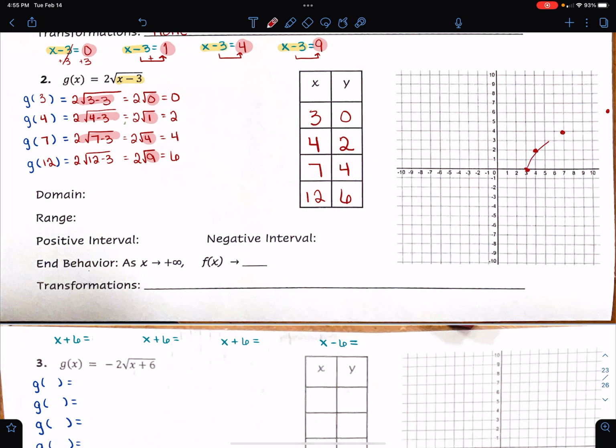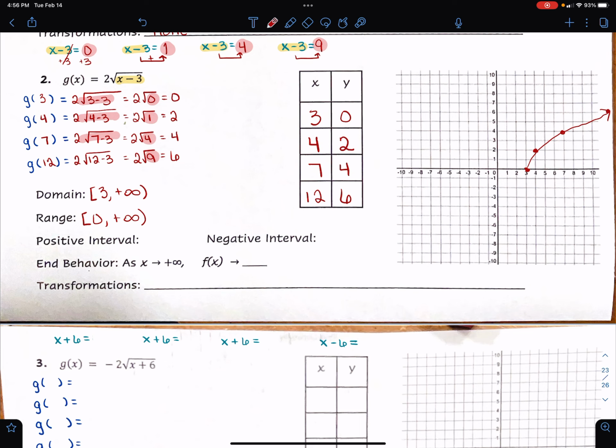Now when I graph these, show that they're increasing, and keep in mind that there is one arrow. The domain on this one, the x value starts at positive 3 and goes to the right all the way to positive infinity. The range starts as low as 0 and goes all the way up to positive infinity.